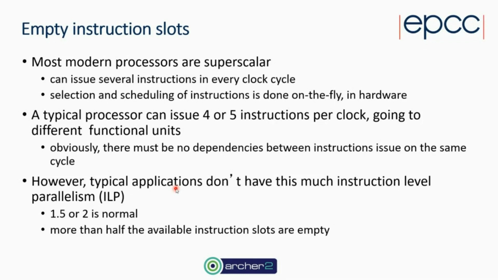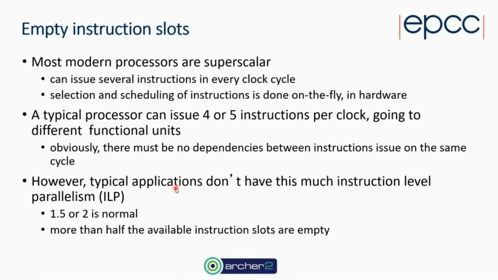But actually, most applications, as we've already discussed, aren't generally amenable to running loads of things per clock cycle. A typical superscalar processor can run 4 or 5 instructions per clock cycle, going to different functional units. But a typical application doesn't have that much parallelism.